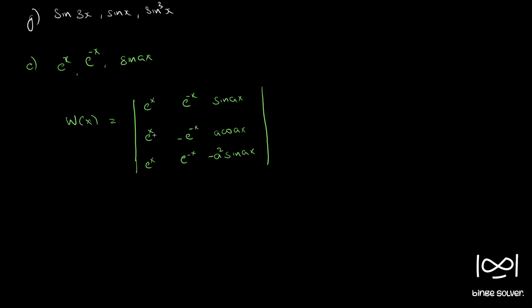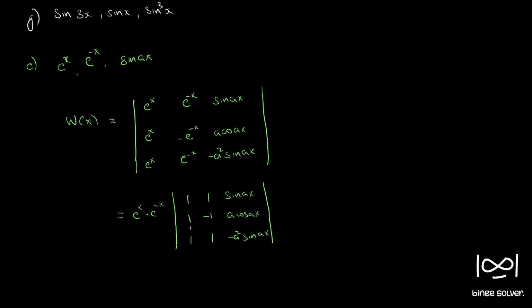We can take e raised to x and e raised to minus x common. So this becomes 1, 1, sin ax; 1, minus 1, a cos ax; 1, 1, minus a square sin ax.